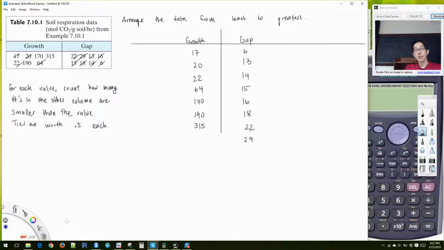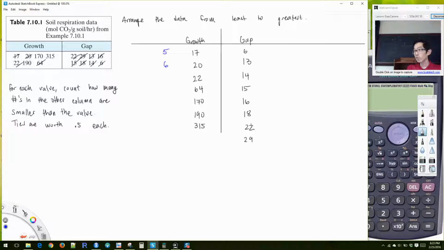So for this first value I look at 17 and ask how many in the other column are smaller than 17, and I count 1, 2, 3, 4, 5. All 5 values are smaller than 17, so I would write 5. Then I go to 20, and 6 values in the other column are smaller than 20. When I get to 22, I have 6 values that are smaller and 1 value that's tied.